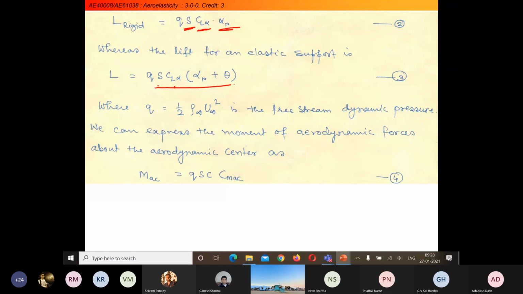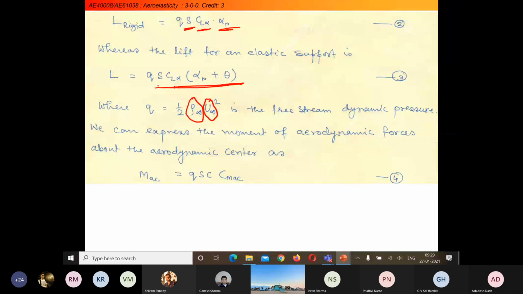And Q, the dynamic pressure, can be calculated as half rho infinity U infinity square. Rho infinity is the density of the air at the test condition, depending on what altitude we are doing the test, and U infinity is the forward velocity of the wind tunnel, the free stream dynamic pressure.